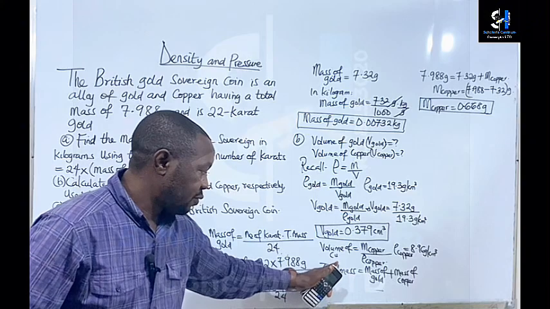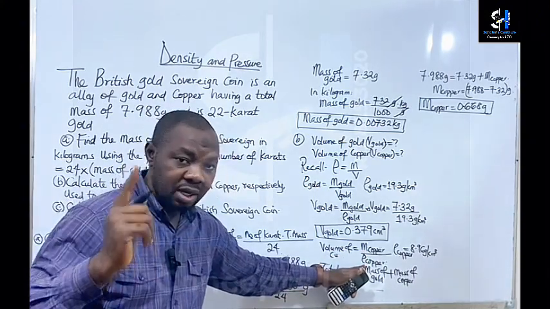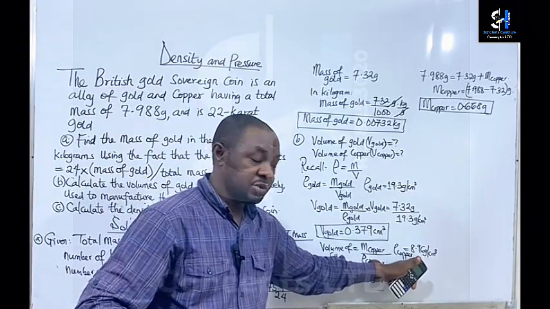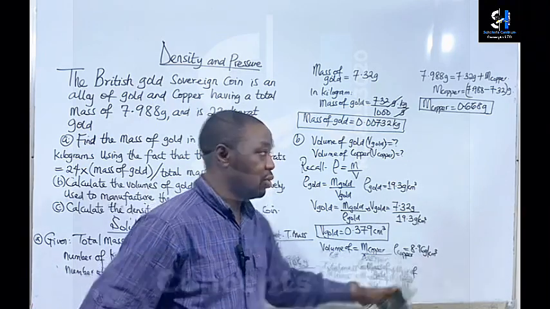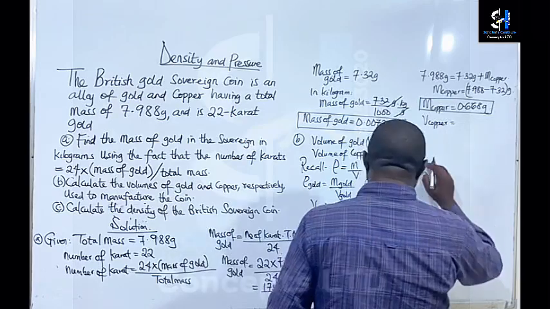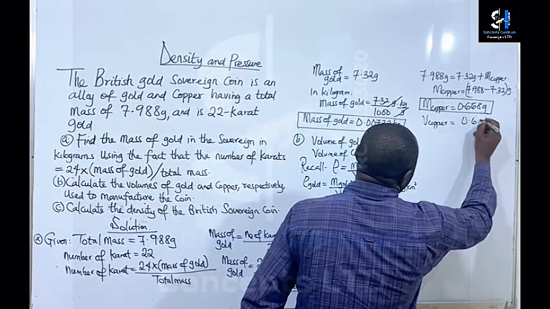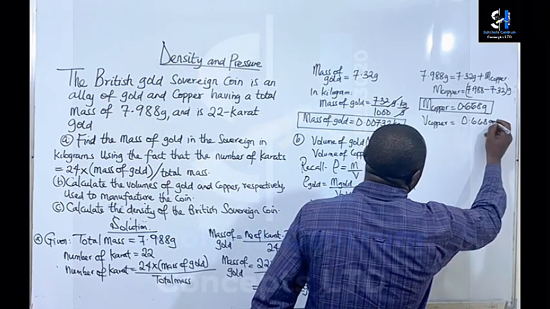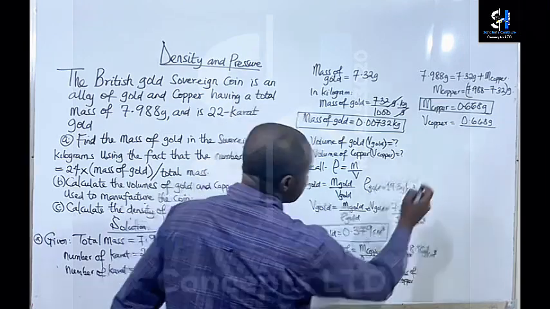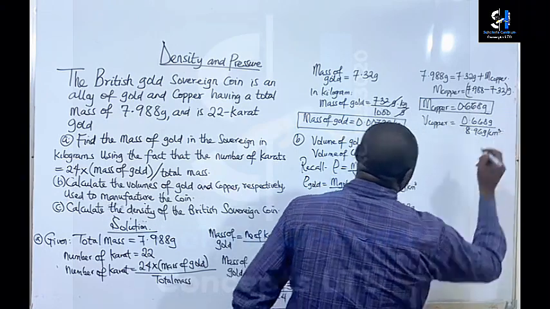Now we have the formula for volume of copper here to be mass of copper over density of copper. And don't forget that the density of copper in gram per cubic centimeters is 8.96. So volume of copper will be equal to mass of copper, which is 0.668 grams, divided by the density of copper, 8.96 gram per cubic centimeter.